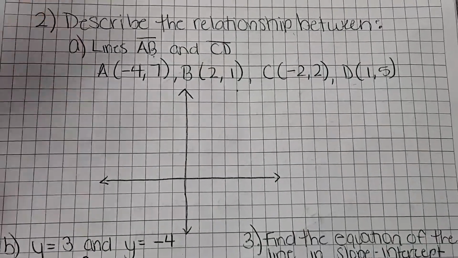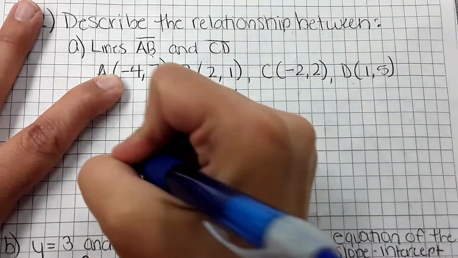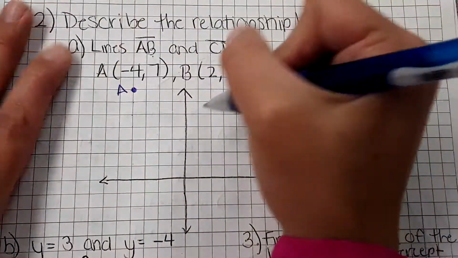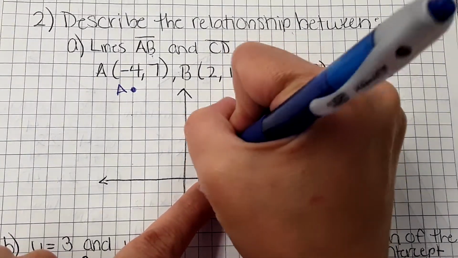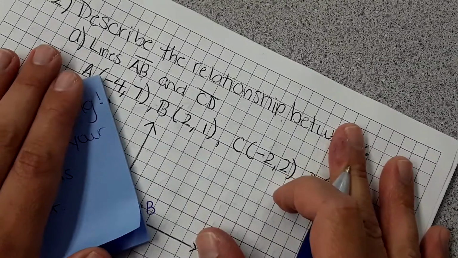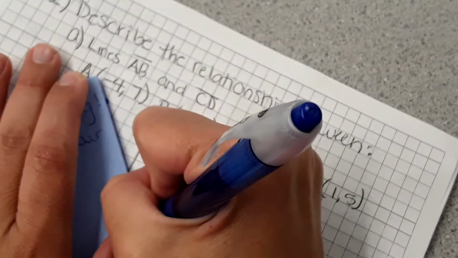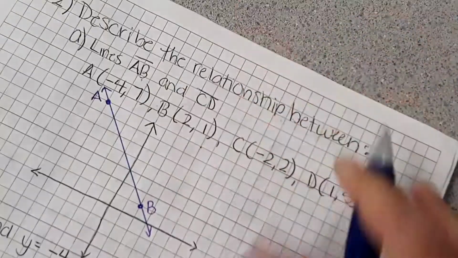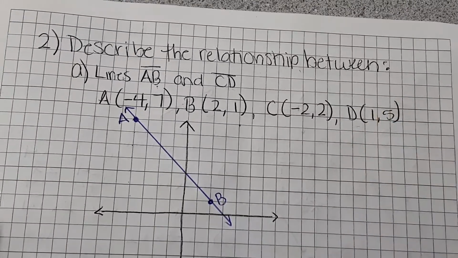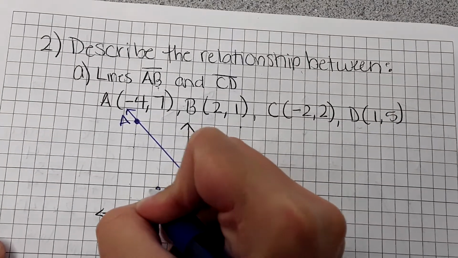So here we go. Point A is at negative 4, 7. B is at 2, 1. So there's AB. C is at negative 2, 2.